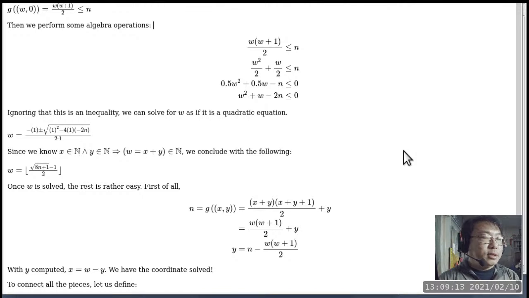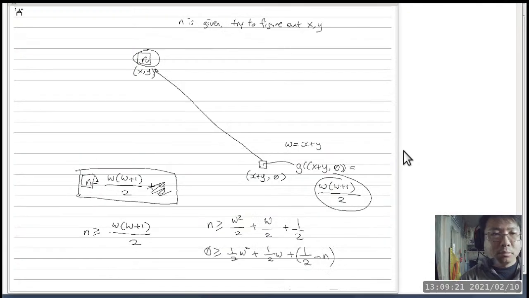So if we can solve for w, how is this going to help us? Let's go back to the tablet and take a look at the picture. What we can do now is, we know how to solve for x plus y given n.